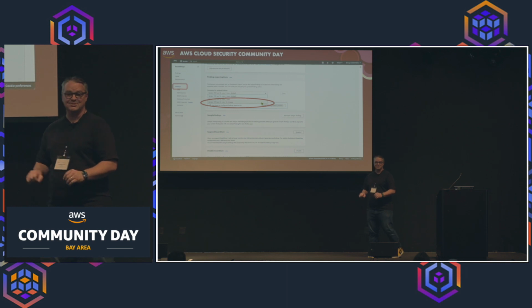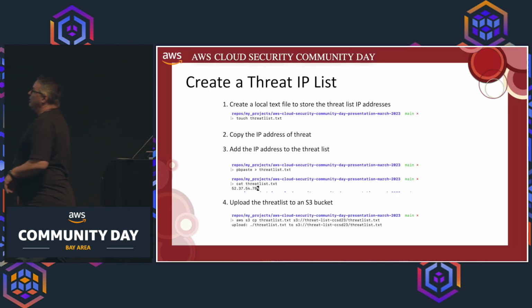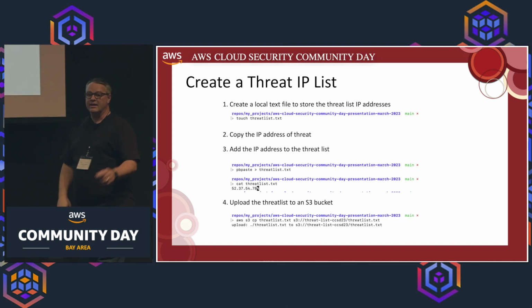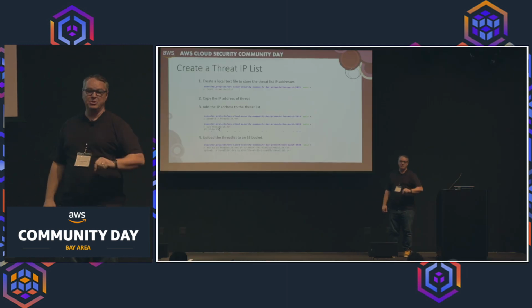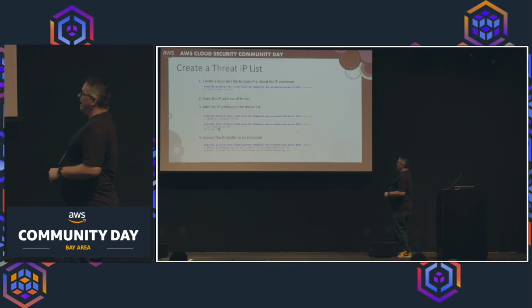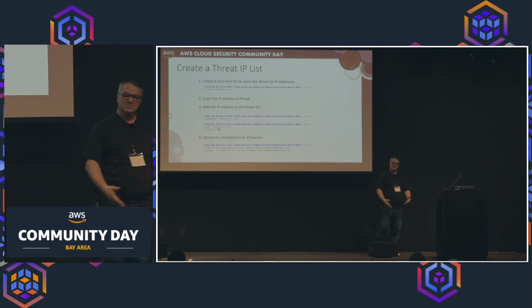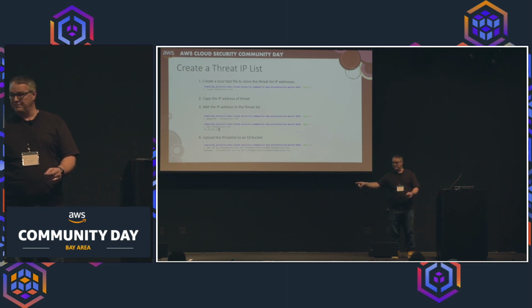What I did was create a text file on my local machine. I copied the address of that malicious machine, put it into that text file, and uploaded it to an S3 bucket. So now I've got a threat list in an S3 bucket with an IP address that GuardDuty can compare findings against and say, is this someone I can talk to or not?